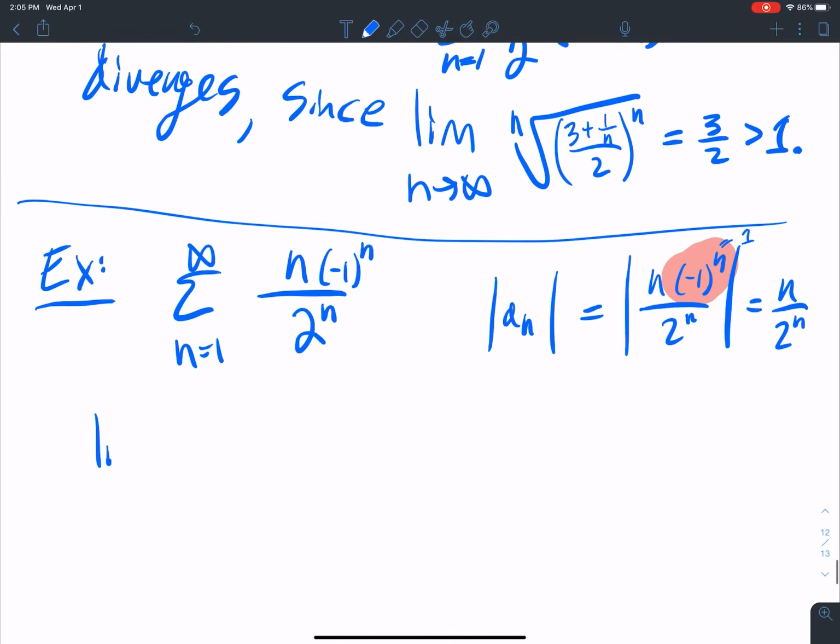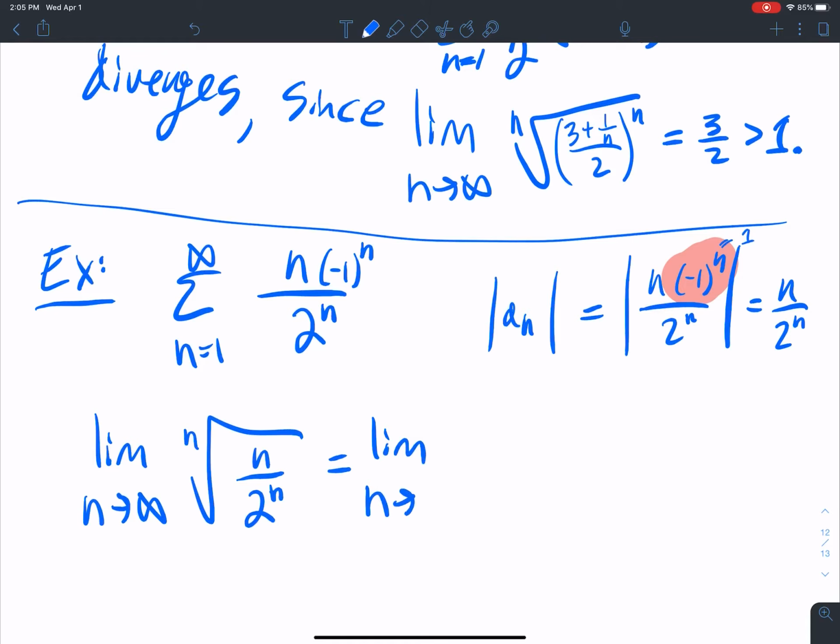Now I'm going to take the limit as n goes to infinity of the nth root of n over 2 to the n. This one is interesting because the nth root gets rid of that n in the denominator but not the numerator. Remember, this is the same as the limit as n goes to infinity of n over 2 to the n raised to the 1 over n.